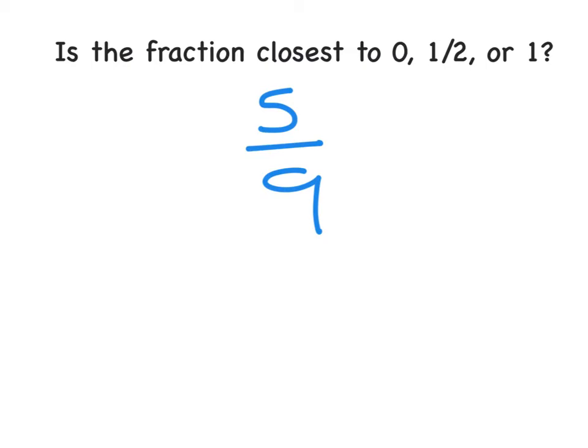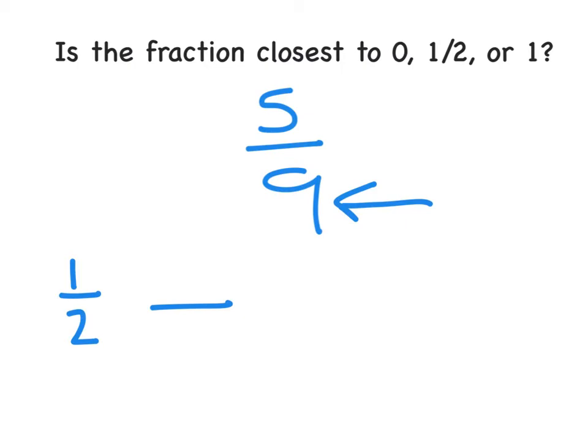So let's practice with the fraction 5/9. I always start off by looking at how close the fraction is to 1/2, or what 1/2 would be with the denominator, in this case, of 9. So whenever something is half, let's say our denominator was 10, for this to be equivalent to 1/2, the top number is half of the bottom number.